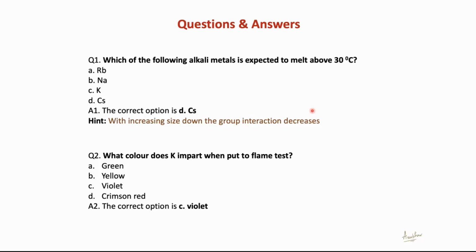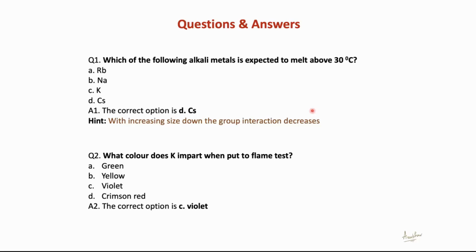Now, what color does potassium impart when put to the flame test? Whenever alkali metals are put to flame, they produce some beautiful colors. You can read about the colors produced by the other alkali metals. I have told you about the general electronic configuration of alkali metals: noble gas ns1.